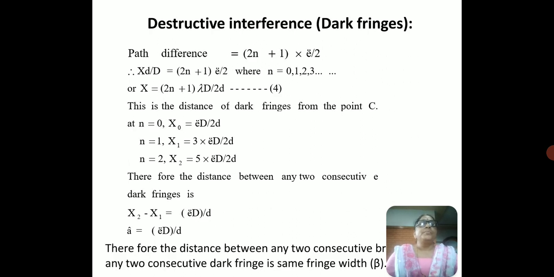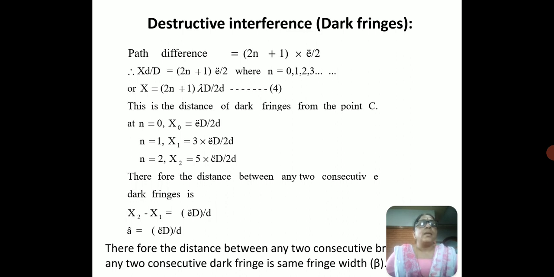And now let us equate the path difference with the destructive interference condition, that is path difference equal to (2n plus 1) lambda by 2. Therefore, x d by capital D is equal to (2n plus 1) lambda by 2, where n equals 0, 1, 2 and 3 and so on.